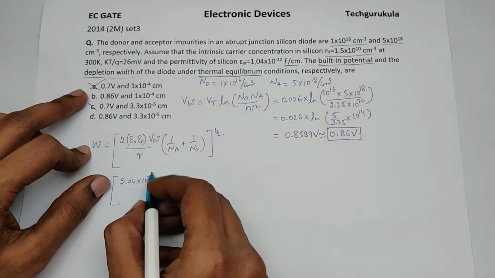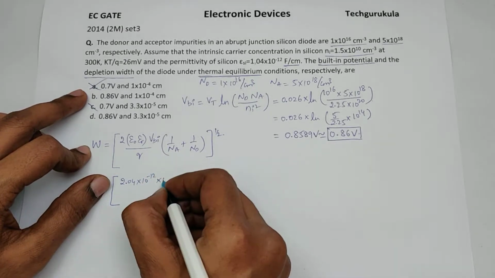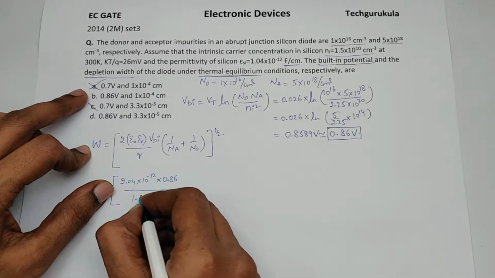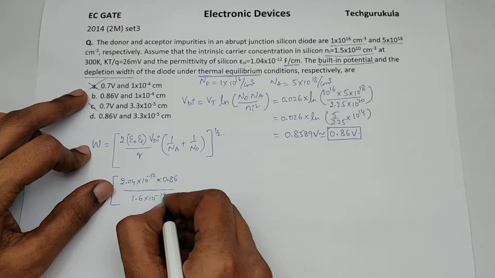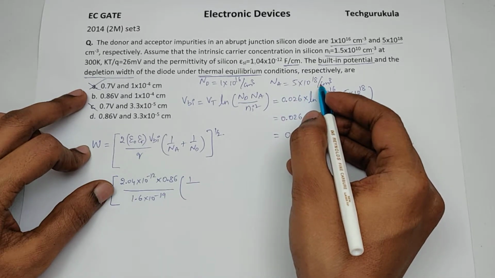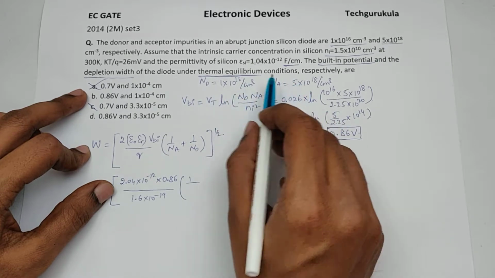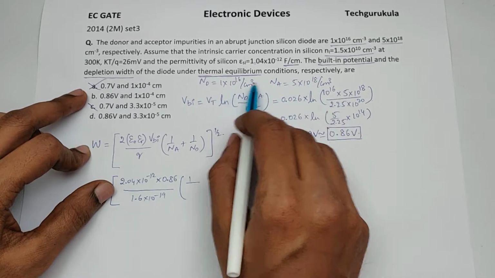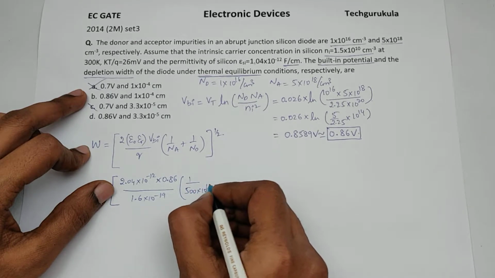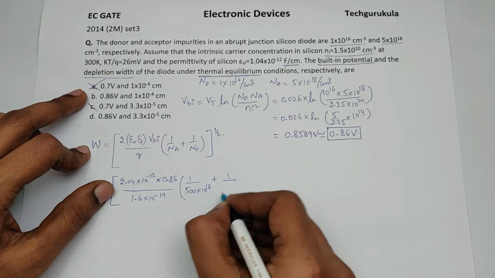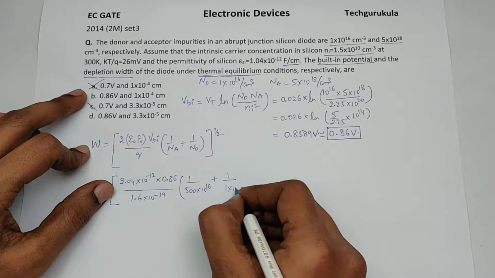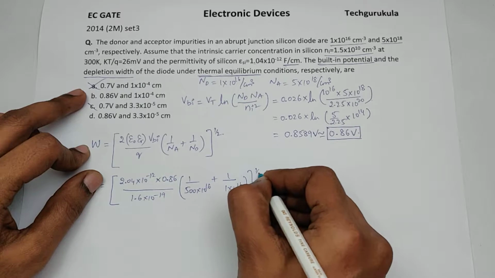Times the built-in potential, which is 0.86, divided by q, 1.6 times 10 power minus 19, times 1 over NA. NA is 5 times 10 power 18. Now the order of magnitude for these two are 16 and 18, so I'll write it in terms of the least one. So I'll write this as 1 over 500 times 10 power 16 plus 1 over ND, ND is 1 times 10 power 16, whole power half.